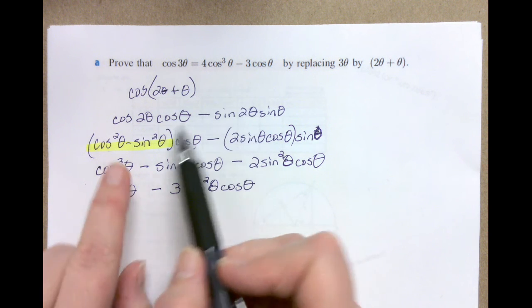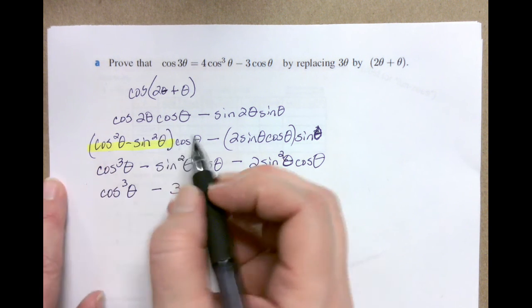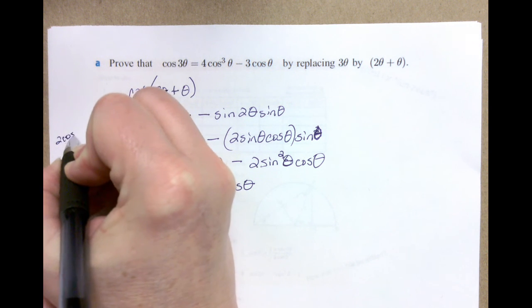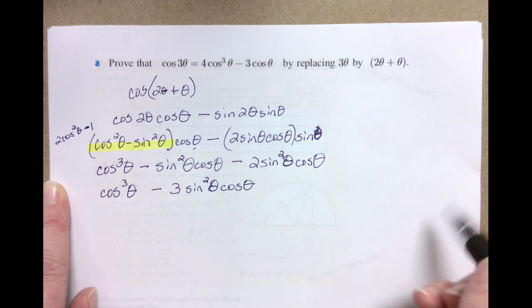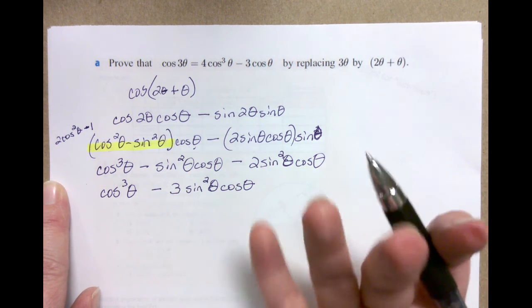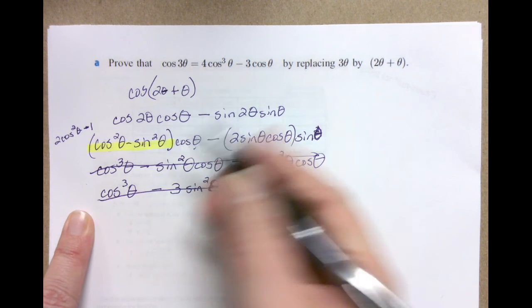So, admittedly, I should have used 2 cosine squared theta minus 1. Do y'all want me to start over, or do you want me to keep going? Okay, go back. So, delete.